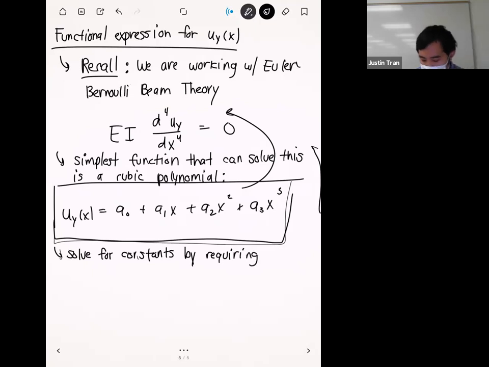And so the way that we're going to solve for these is that we're going to require this function here to match the nodal deformations on our beam.